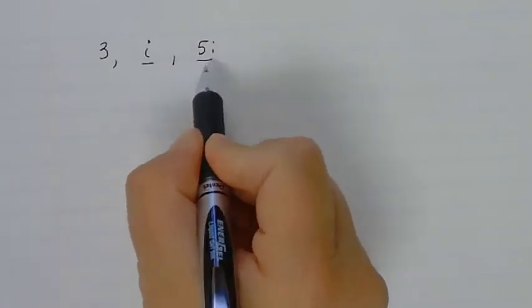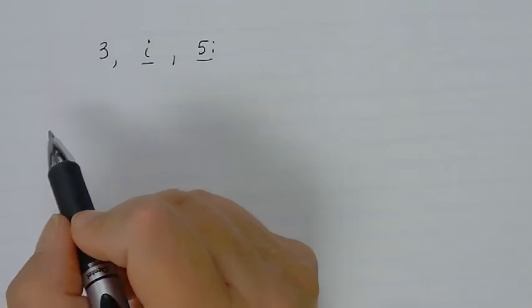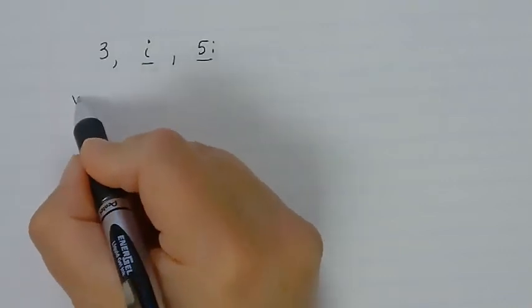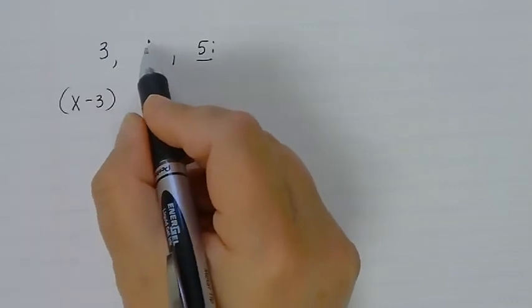Now we've talked about imaginary roots, and I've tried to emphasize multiple times how anytime you have an imaginary, it comes in a group of 2. So when we see an imaginary number like this, we know that this thing had to have happened twice. So the factor for this one is x minus 3. But you don't just get one imaginary.